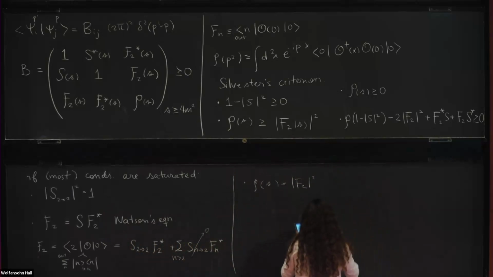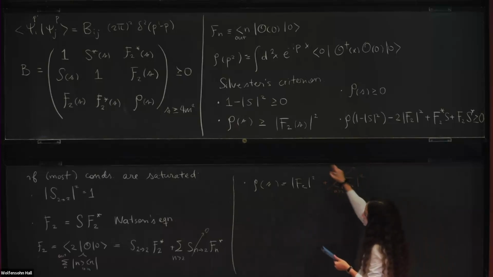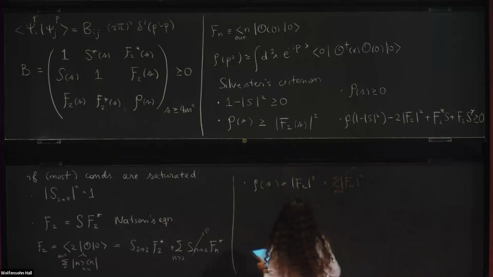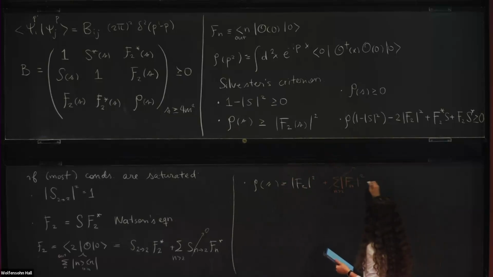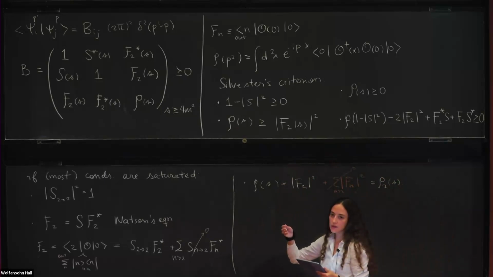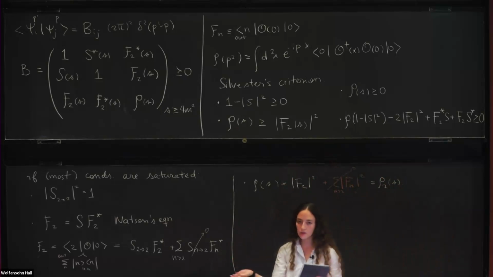In general, you should have this thing here. So it's just setting it to 0. What I want to say here is that if this is saturated, then this is actually just the two-particle contribution to the spectral density. So since we're only putting two-particle in and out states, what we get when we optimize things is usually just a two-particle contribution to things.